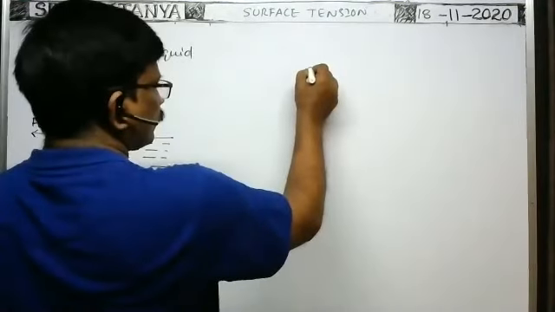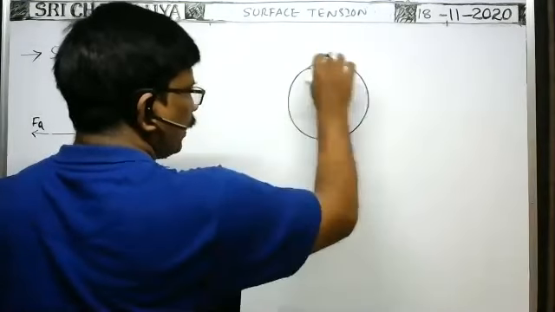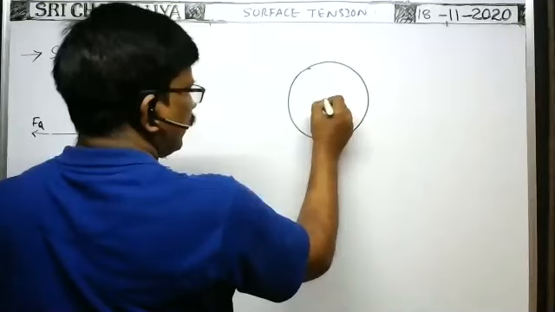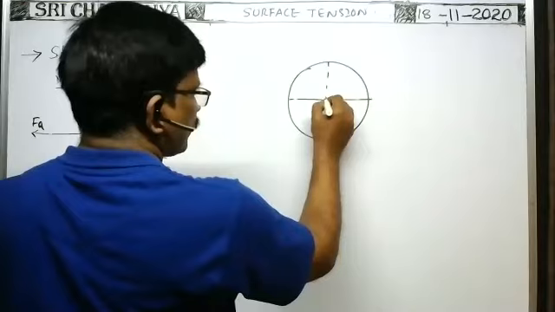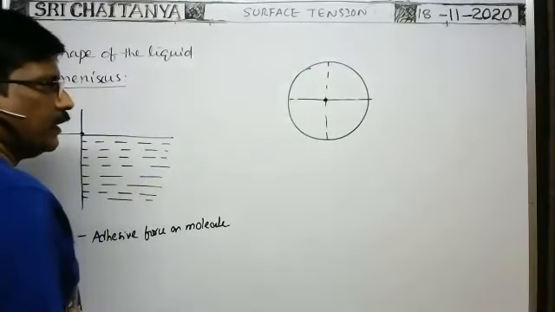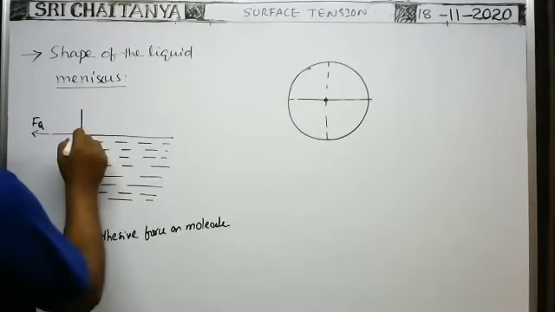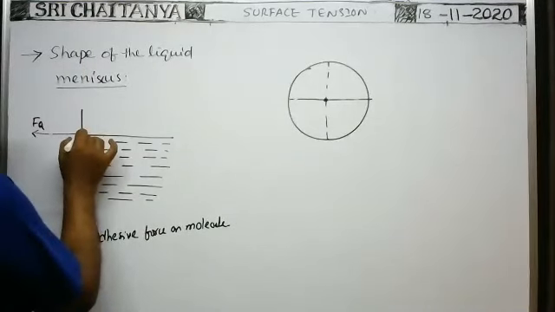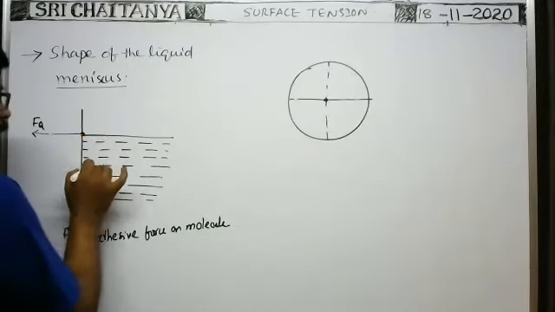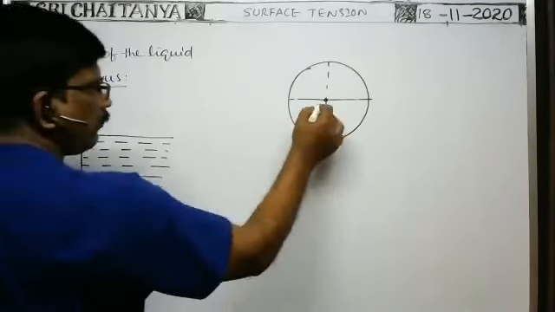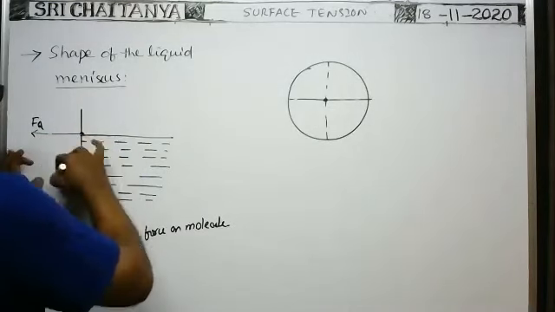Suppose this is the liquid drop, or sphere of influence. At the center, I consider one molecule. Taking this molecule as the center and the molecular range of attraction as the radius, you imagine a sphere like this.